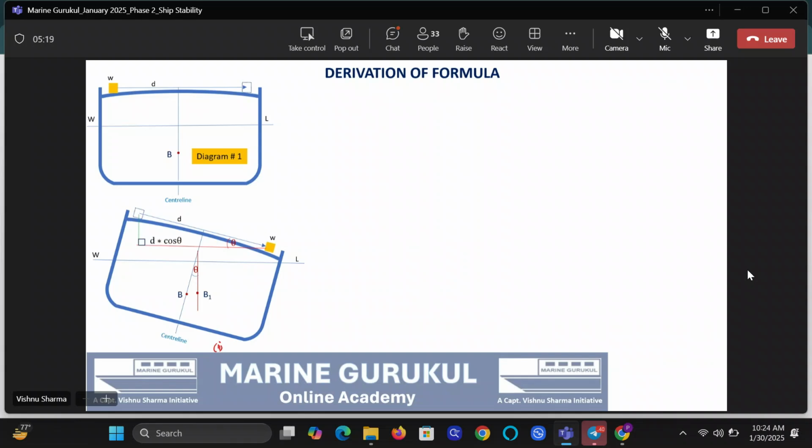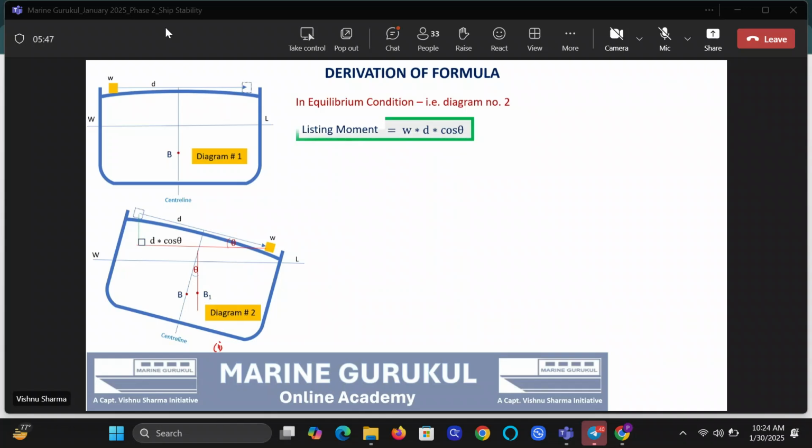Yes or no? Correct, beta? Correct? Guys, do you agree? Yes, sir. So now from the equilibrium condition diagram, that is from diagram 2, the listing moment will be small w into d cos theta.